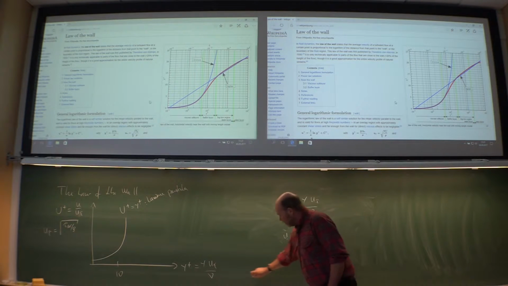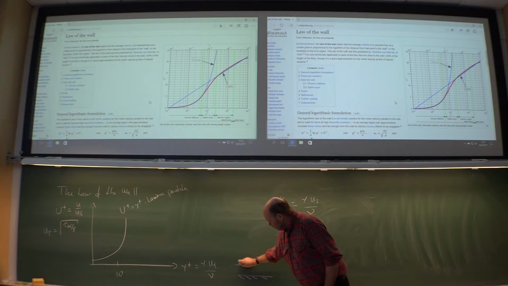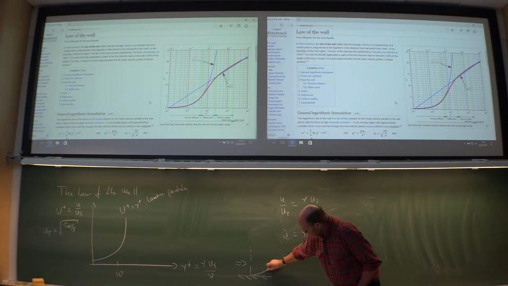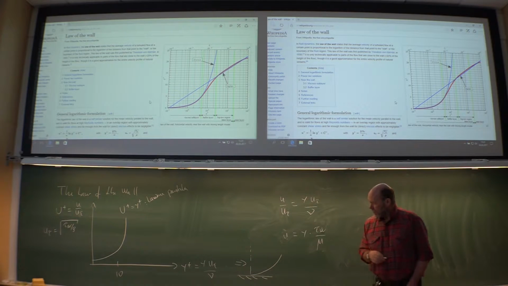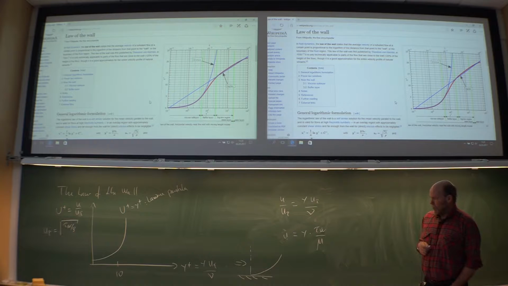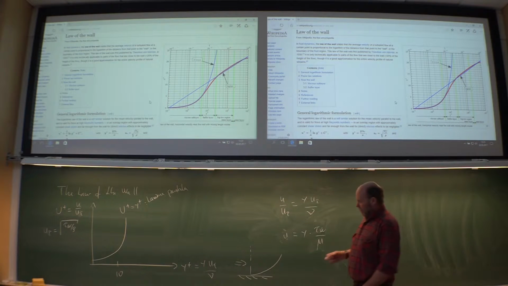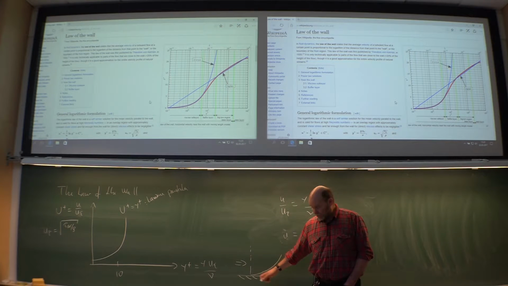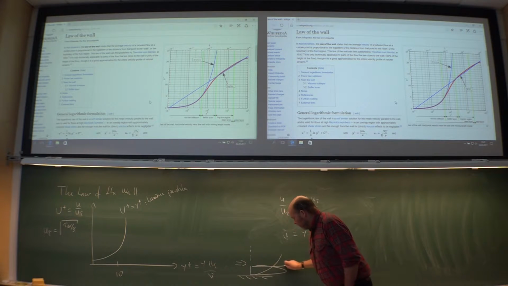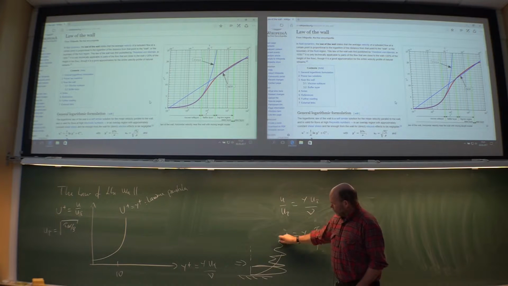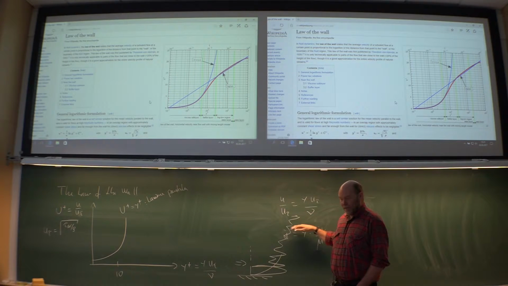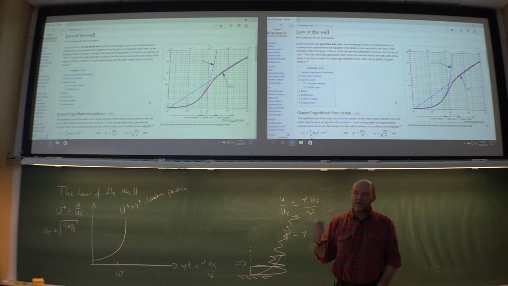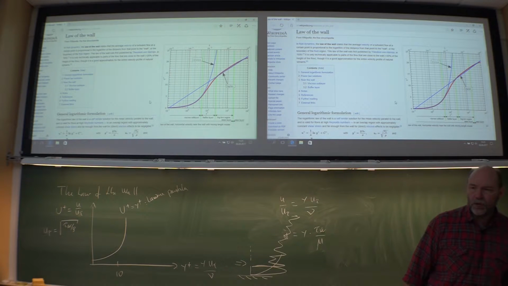If you look at a real wall and a real turbulent flow, here you have the laminar parabola. We are now very, very close to a wall. If you look at how the turbulent velocity snapshot actually looks, it will look something like this. Further out, it will still be turbulent, but the action is not so strong. It's very, very close to the wall that all the action takes place. That's where you produce the turbulence.